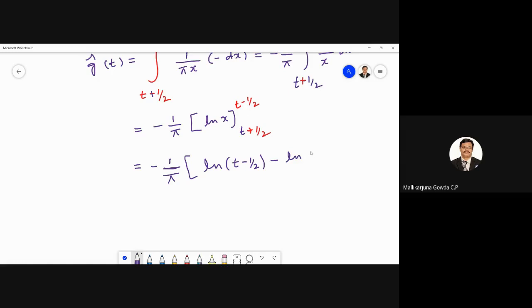Hope everybody is there with me. Then I can write 1 by pi into ln of t plus 1 by 2 by t minus 1 by 2. So that is log A minus log B, right?